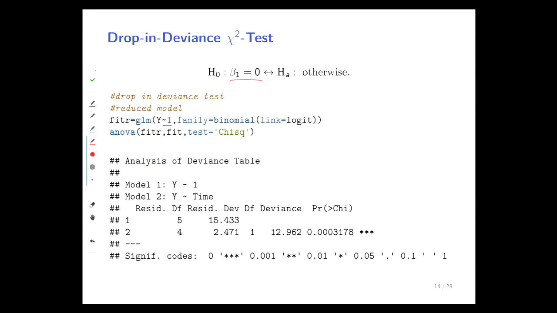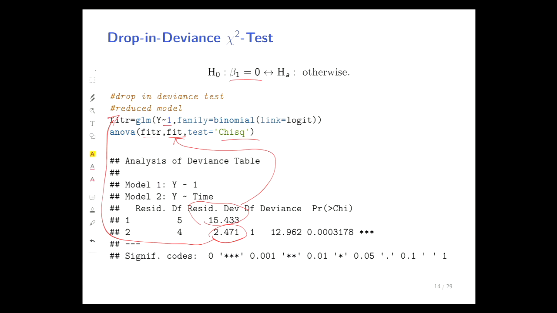In order to perform this test, the next step is to use the ANOVA function to compare the difference between the reduced model and the full model, and specify the chi-square test. Then you will obtain the two deviances. The first deviance is the deviance of the full model fit, and this is the deviance of the reduced model, the model with the intercept only.